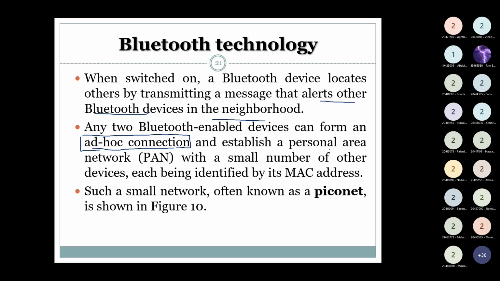And establish a personal area network, a PAN, with a small number of other devices, each being identified by its MAC address. What is the MAC address here? We see that we have two modes of communication, using the MAC address or using the IP address.